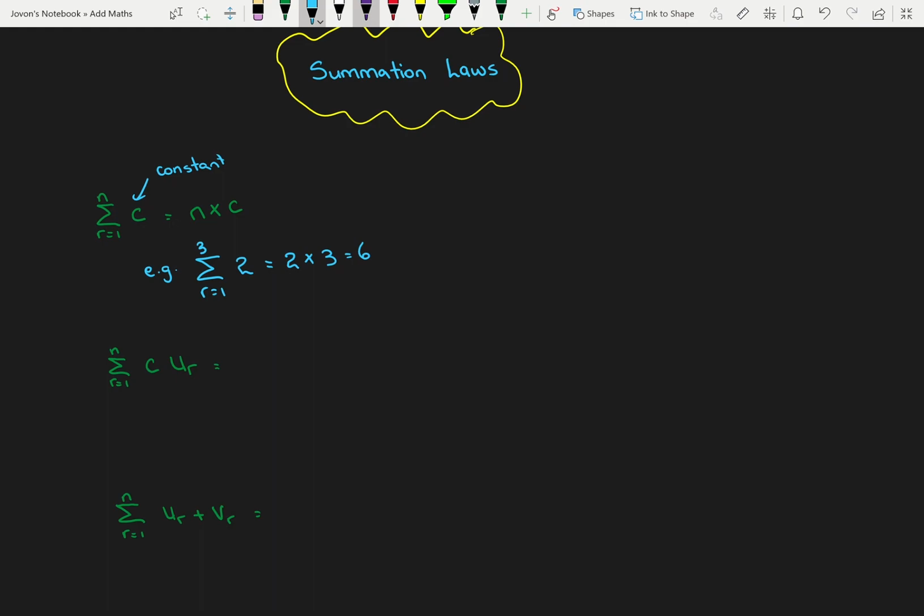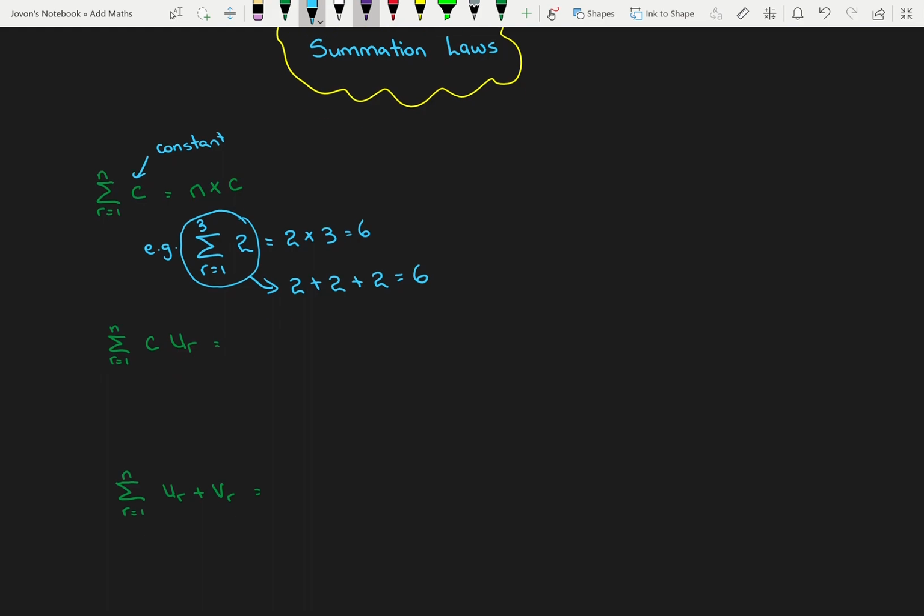Because all this simply means is that we are adding the value 2 plus 2. When r is equal to 1, you have the value 2. If r is equal to 2, you still have the value 2. And if r is equal to 3, you still have the value 2. And that is 6. So this is how you get this one.